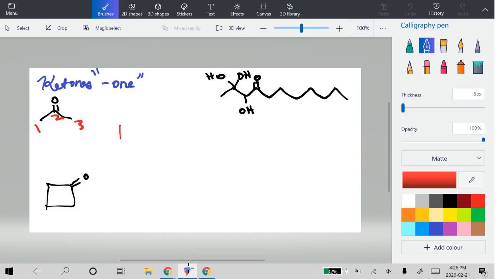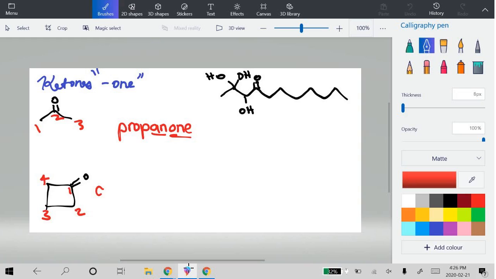And so that's prop-an-one. An for single bonds in my carbon chain, one for the ketone. And this one you don't have to number because it's only ever going to be on carbon number 2 with a 3-carbon molecule. This is a cyclic example, example number 2. So it's going to start number 1 here, 4 carbon atoms.